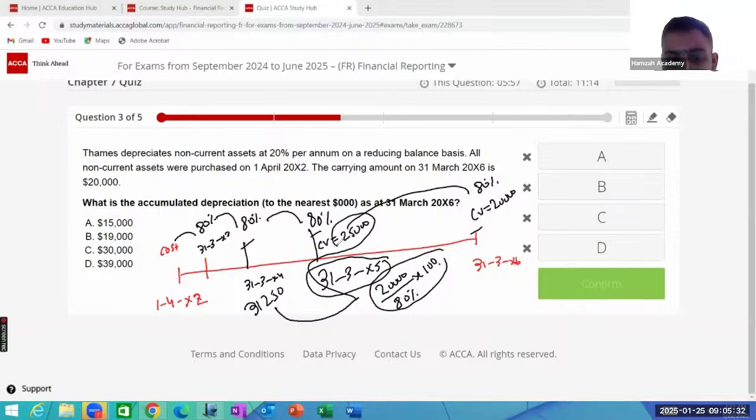Now the carrying value at X4 is 80% of the carrying value of X3. So at X3, the carrying value is 31,250 divided by 80 into 100.